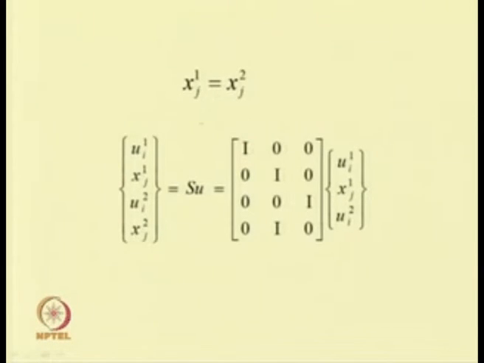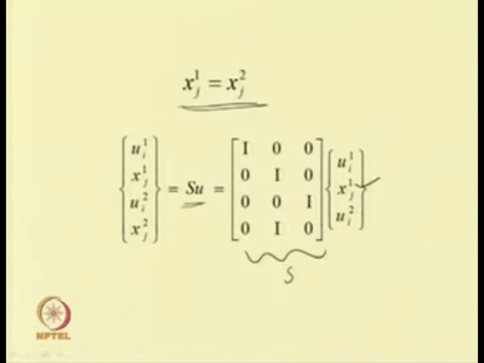Here we are taking xj1 equal to xj2. By taking xj1 equal to xj2, we can replace uy1, xj1, uj2 and xj2 in this form. That means we write this equal to SU, where S can be written like this. Here U equals uy1, xj1, as we are putting xj1 equal to xj2.